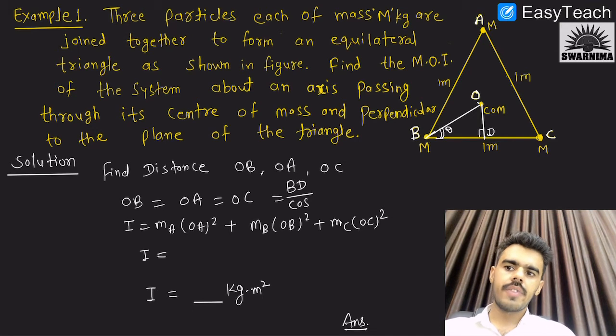So first we have to find, as we know, the center of mass is at point O because of symmetry, and by the symmetry OA, OB and OC distances are equal.